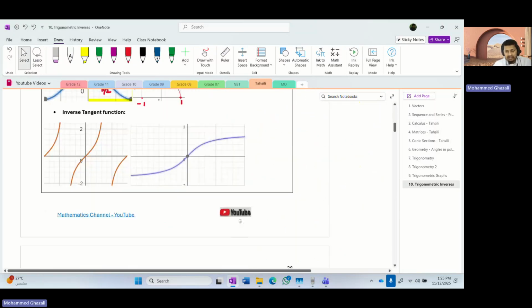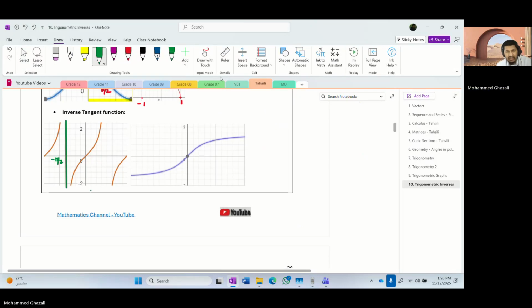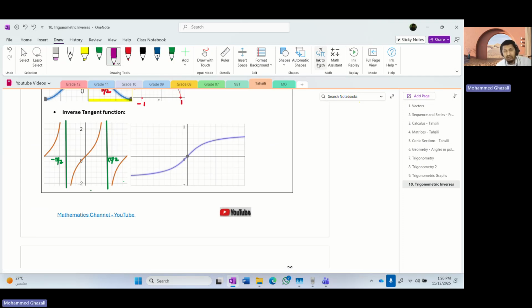Similarly for the tan graph, but just be careful for the tan graph because the vertical asymptotes are at negative pi by 2 and pi by 2. These are the vertical asymptotes. So the vertical asymptotes now become horizontal asymptotes on the tan inverse function.